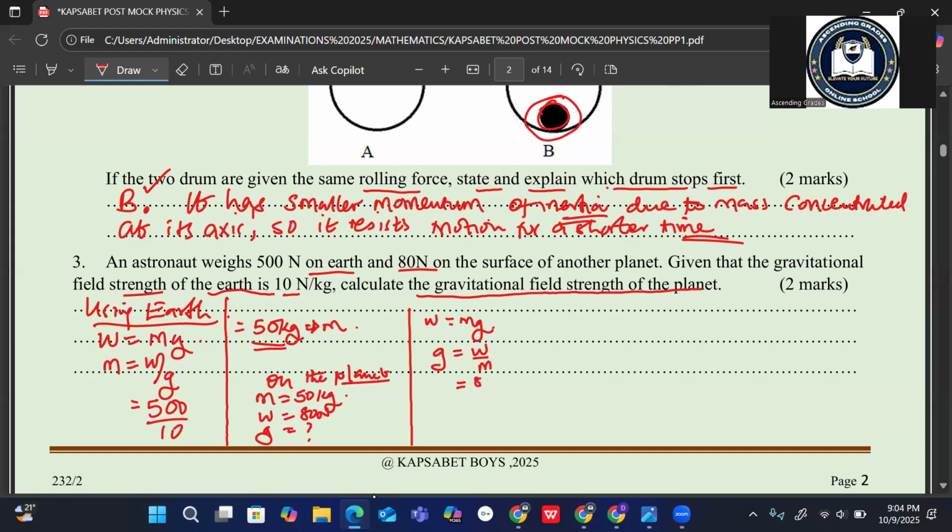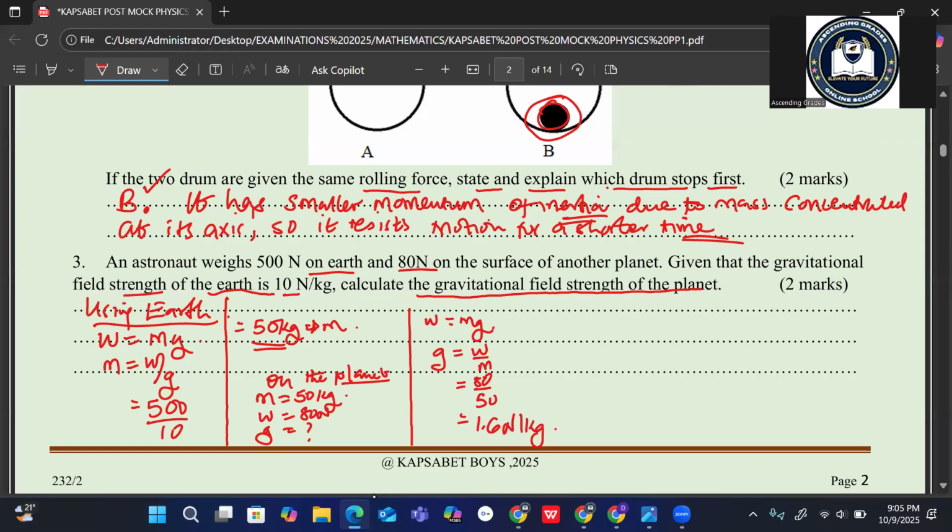So this becomes 80 divided by 50. So you get 1.6 newtons per kg.